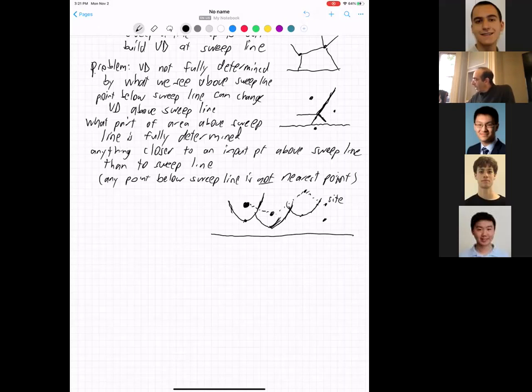And there's also a parabola here. Okay. So the safe region is this union of parabolas. Yes?